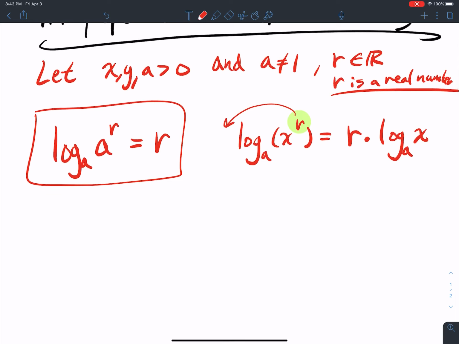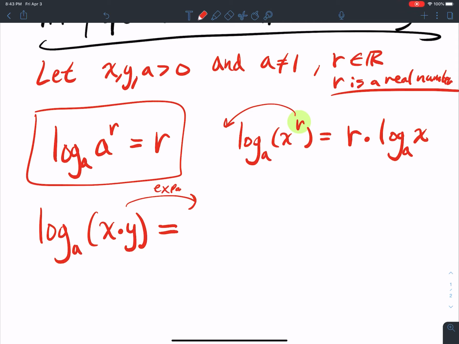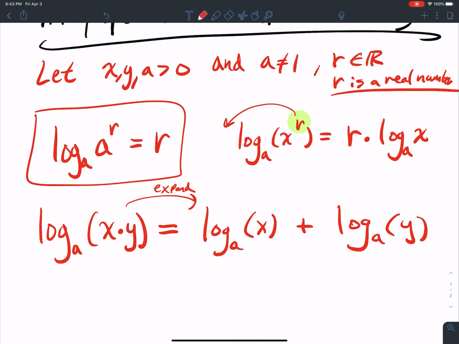Next rule, log base a of x times y. This is an expanding rule. To expand, this becomes log base a of x plus log base a of y.